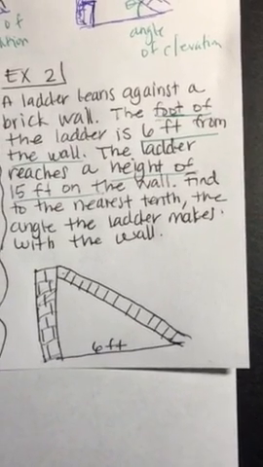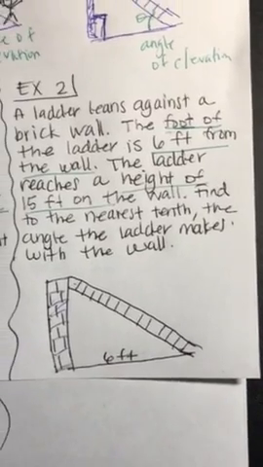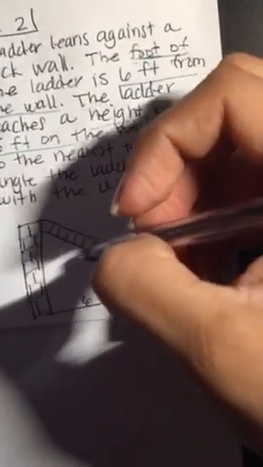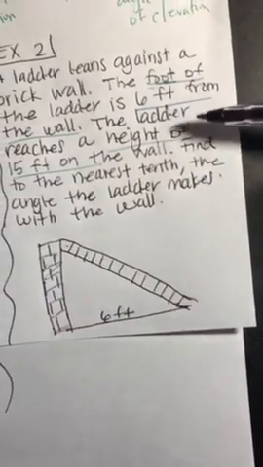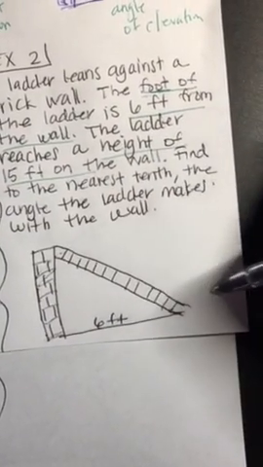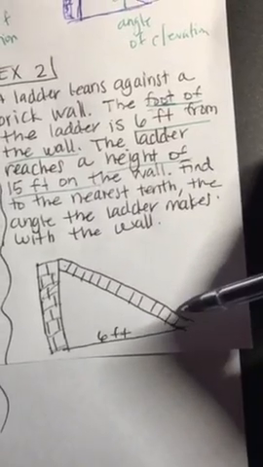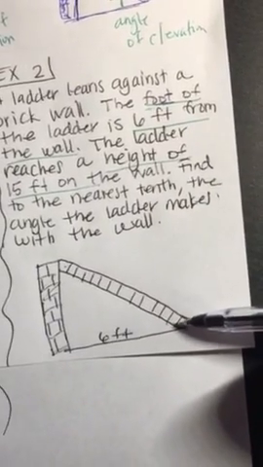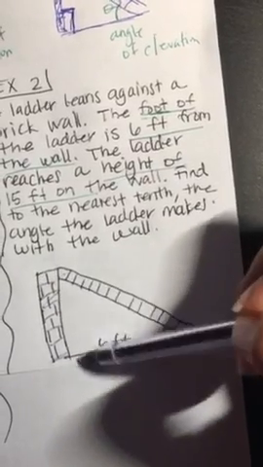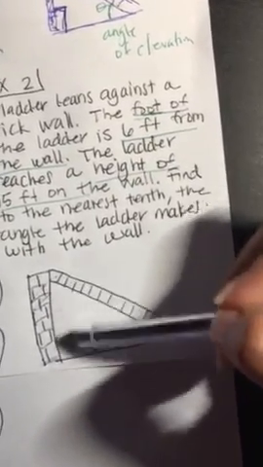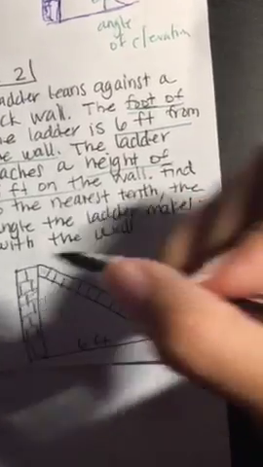Now the ladder reaches a height of 15 feet on the wall. This seems really confusing because it seems like, is the ladder 15 feet? No, the ladder reaches a height of 15 feet on the wall. So really what they're saying in that very weird sentence is that this here is 15 feet.